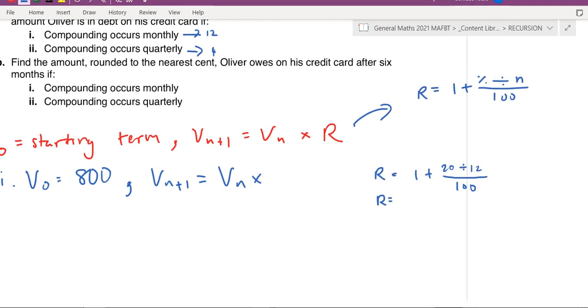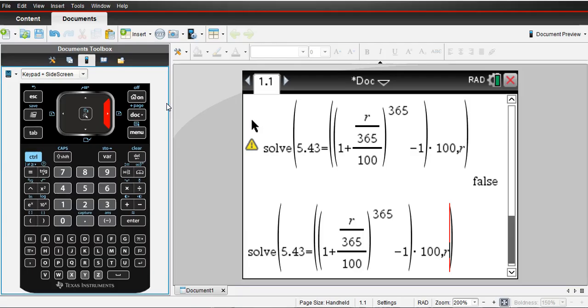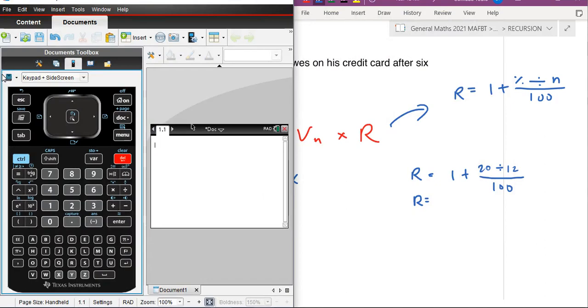So the R value for this one is going to be 1 plus, and you can use your fraction button if you like. I think it's actually worth using the fraction button here because the formula does get a bit complicated. So 20 divided by 12, and then down here divided by 100.